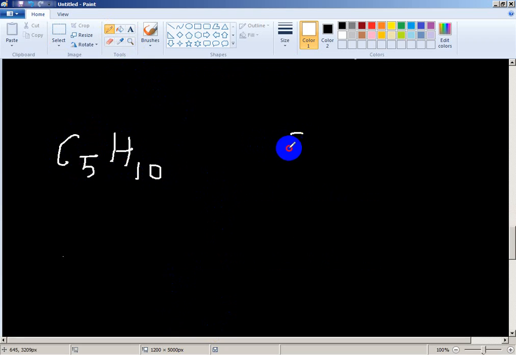So we can give this one CH2. This is the cycloalkane. So 5 carbon we can give. Look, this is alkane, not alkene.